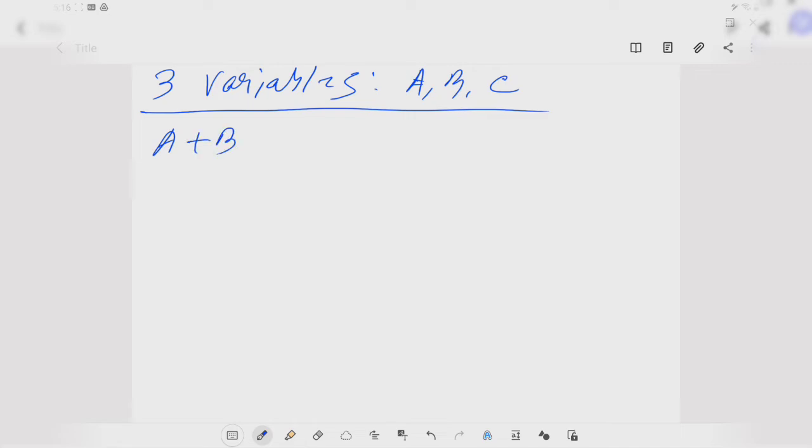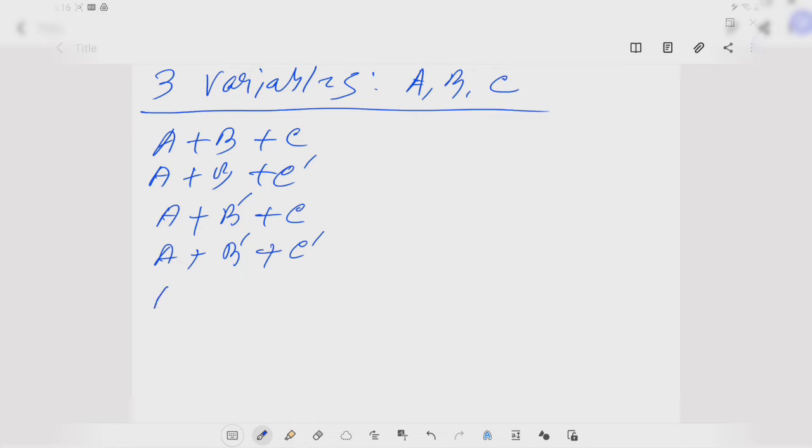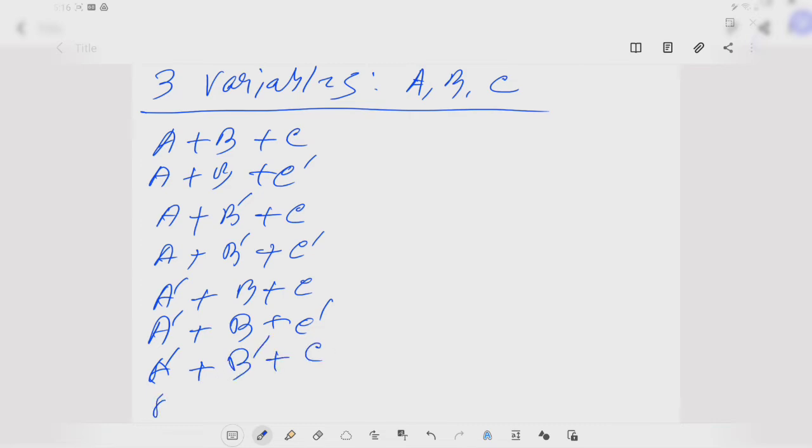A plus B plus C, A plus B plus C prime, A plus B prime plus C, A plus B prime plus C prime, then A prime plus B plus C, A prime plus B plus C prime, A prime plus B prime plus C, and finally A prime plus B prime plus C prime.